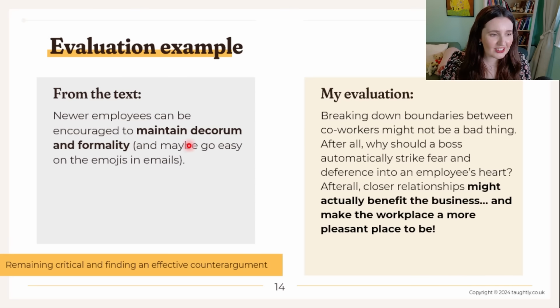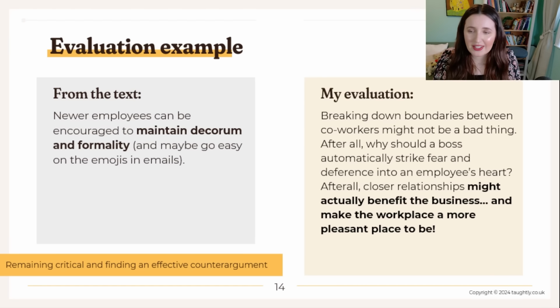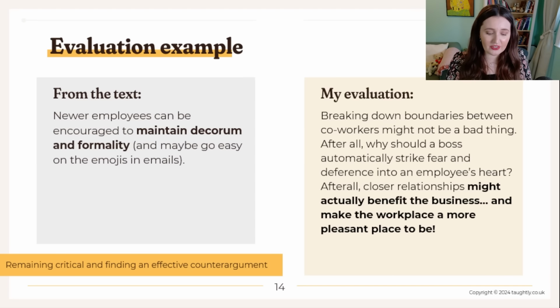And actually, do these skills of being polite and formal in the workplace actually create good results for businesses? Can being more close, friendly, like normal, make the workplace a better place to be and therefore get better results? So my evaluation here is being critical of those ideas and not accepting them as fact.